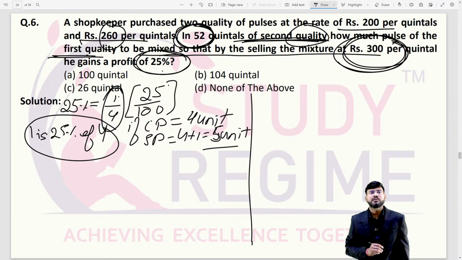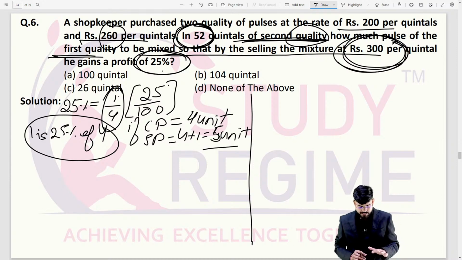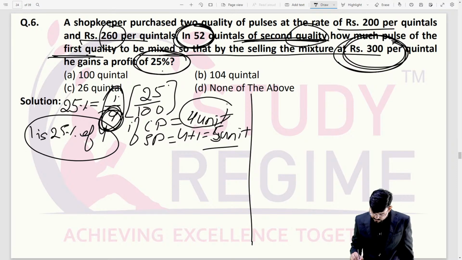You got it or not? Nothing is written, just understand first. 25% I have written in the form of a fraction, numerator and denominator. In the denominator it is 4 and in the numerator it is 1. Now this 4 can be treated as the cost price. If 4 is the cost price, then 25% of 4 is 1.